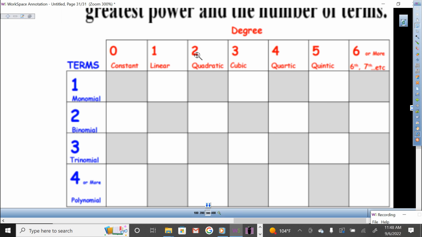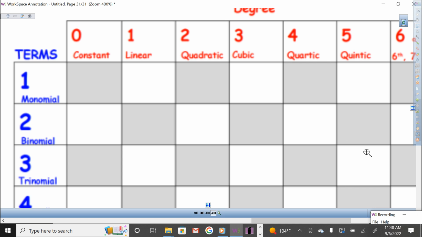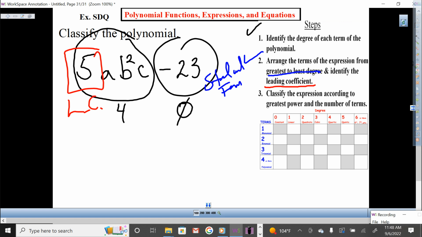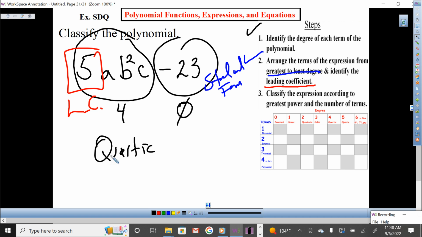Quadratic is 2 degrees. Christopher? Quartic binomial. Have you got that?